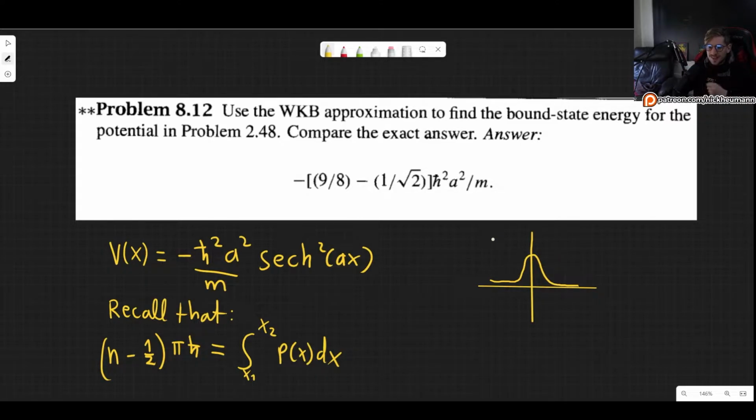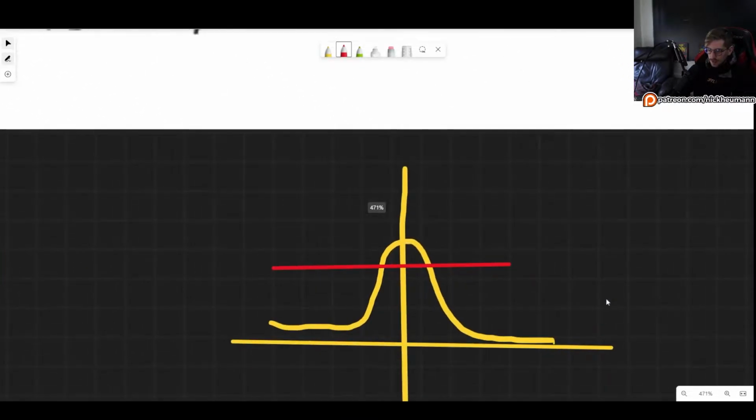Now, why is that relevant? That is relevant because, just as in problem 8.11 that we already solved, it's going to give us a condition for x1 and x2, both of the turning points. Now, what are the turning points? Once again, a quick reminder. The turning points are the values of x, so this would be x2, and this would be x1.